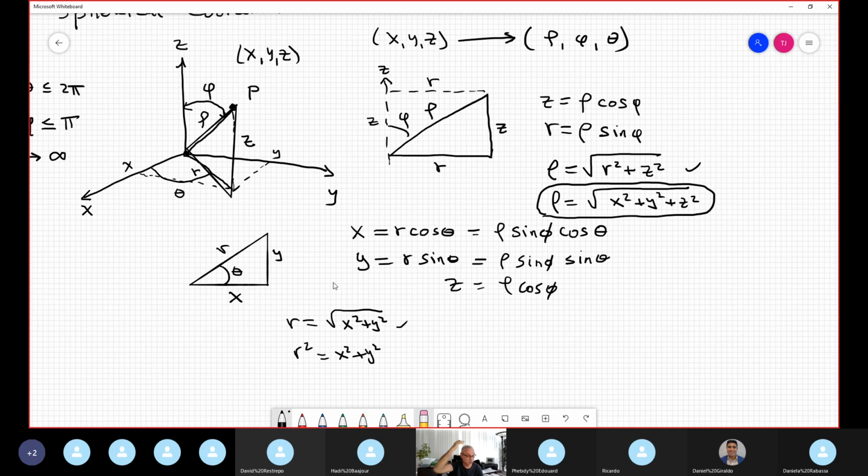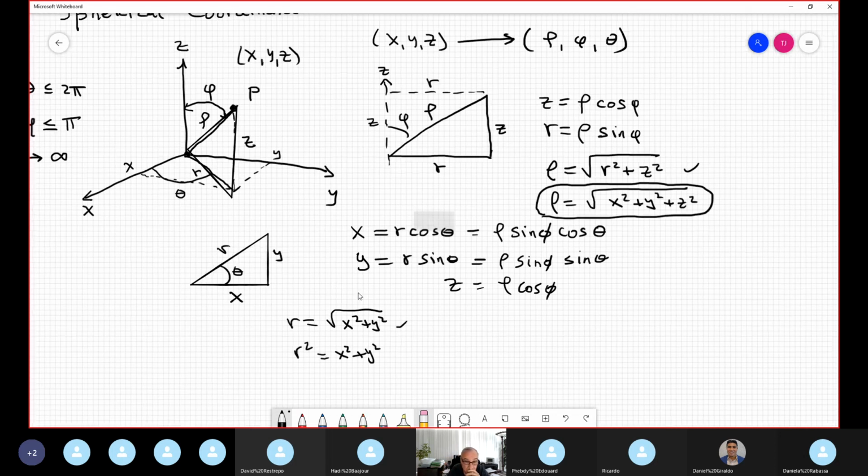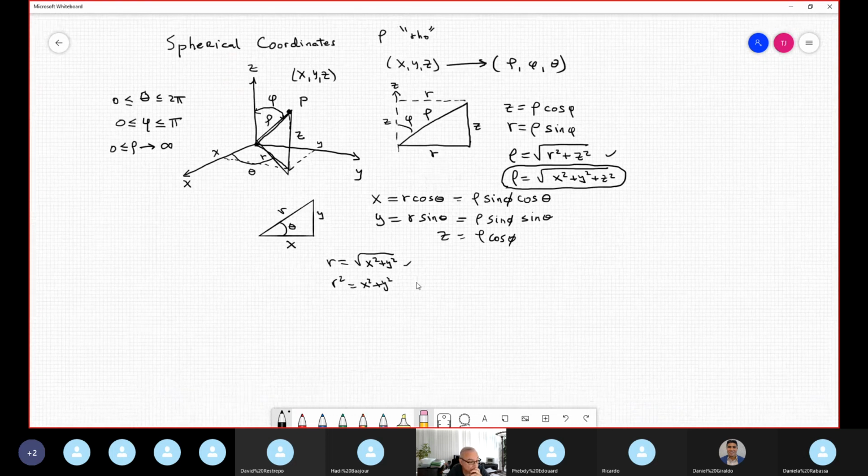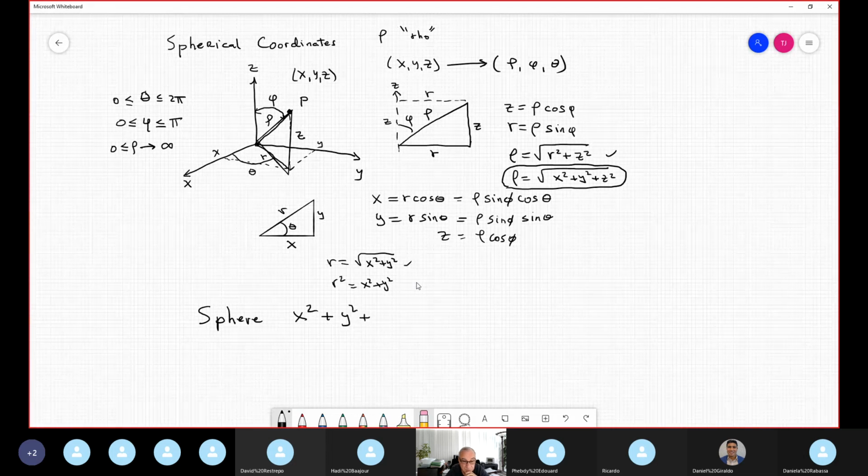What is the advantage of working with the spherical? Well, suppose the equation of the sphere in Cartesian is, for example, x squared plus y squared plus z squared equal, I don't know, 4. It's a sphere with the center at the origin and the radius 2.